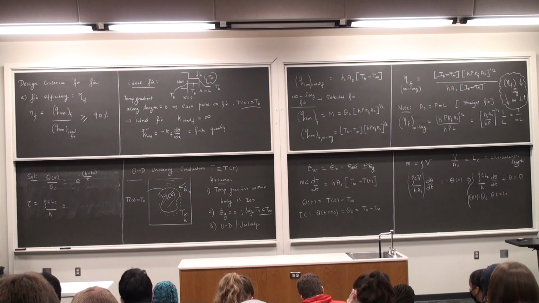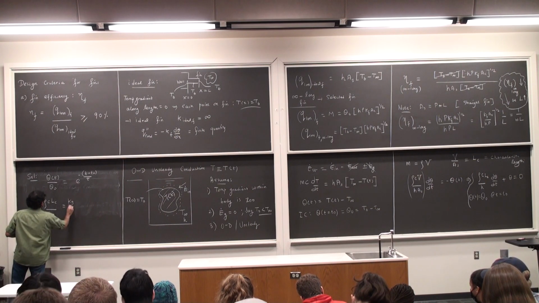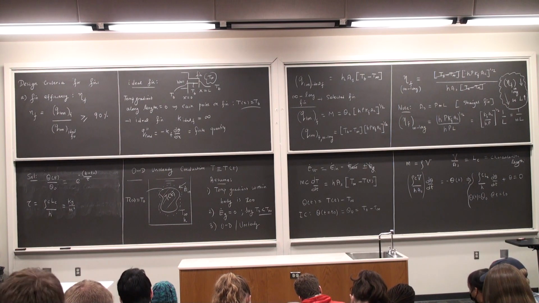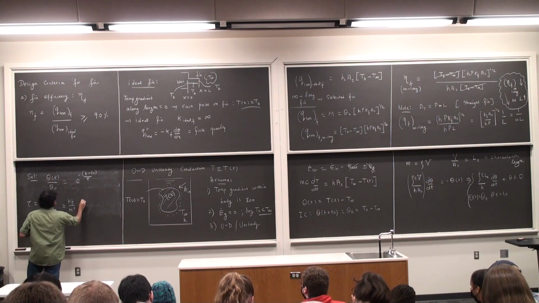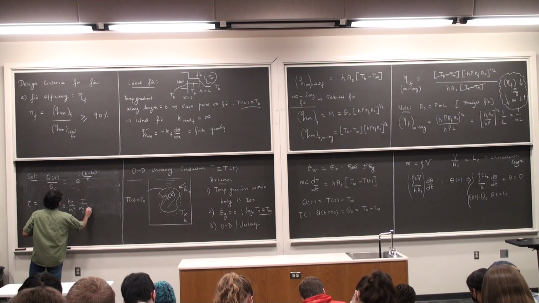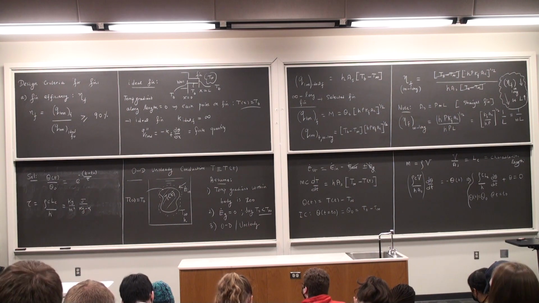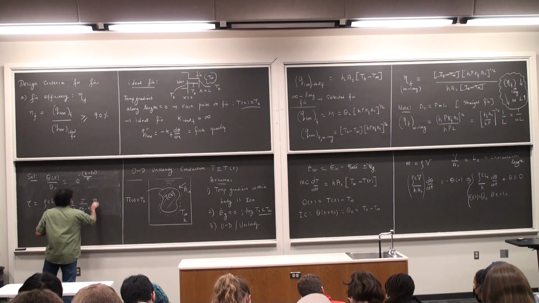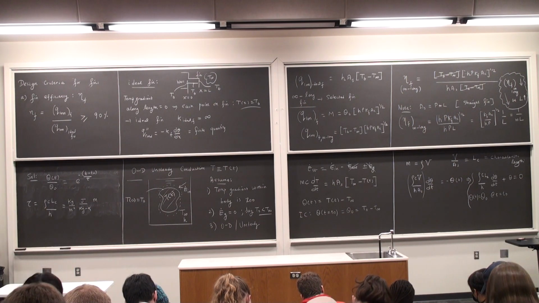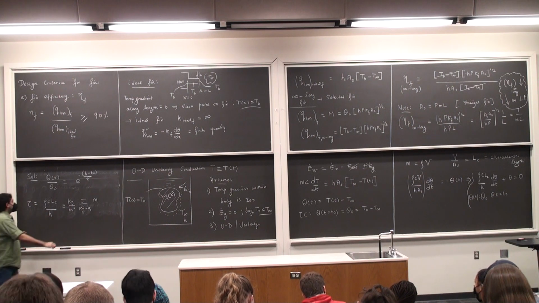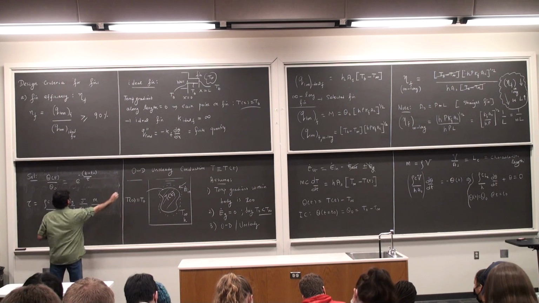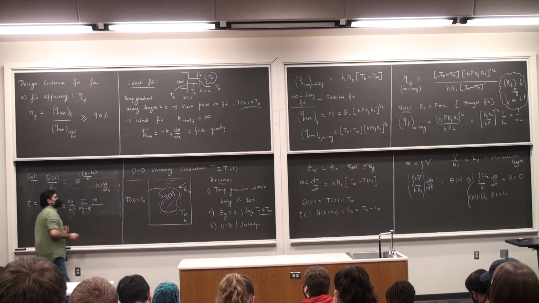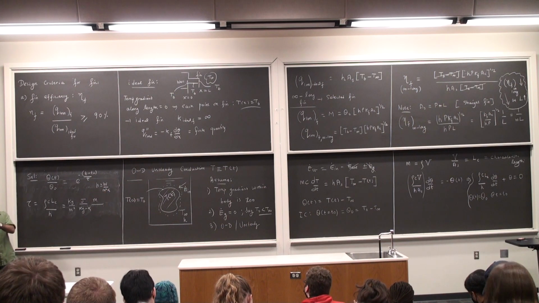Density, kg per meter cube. Specific heat capacity, joules per kg Kelvin. L_c characteristic length, that's a meter. h is watts per meter square Kelvin. What is watt? Watt is joules per second.